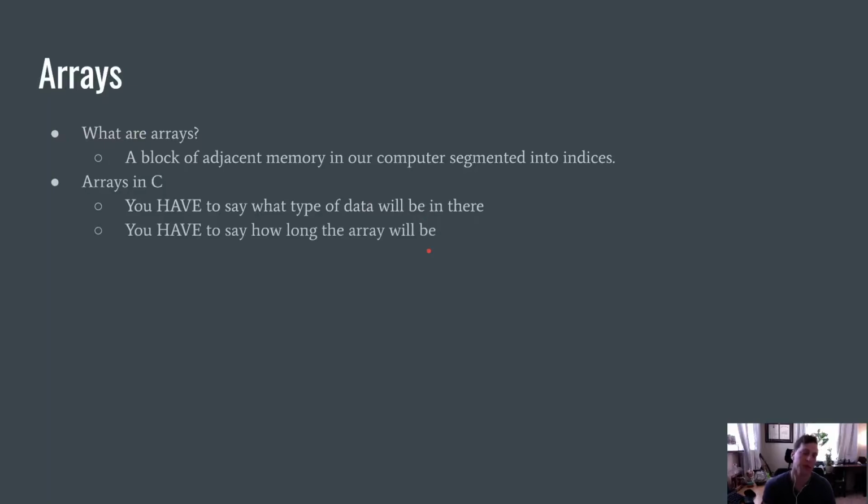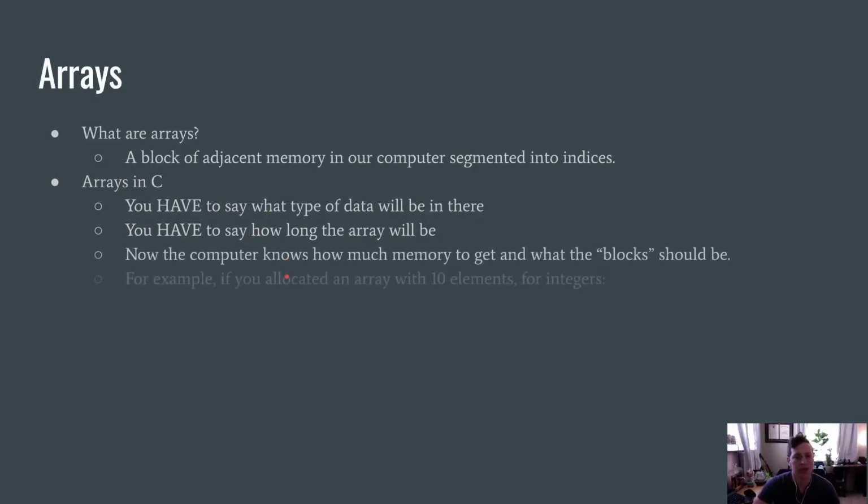And this is important because once I've specified these two things, my computer is going to calculate exactly how much memory it has to allocate for this array, and then go find an adjacent memory block of that length that it can then give to you to utilize as your array. The elements in your array will be separated in these evenly spaced memory blocks that are adjacent to each other in your computer's memory.